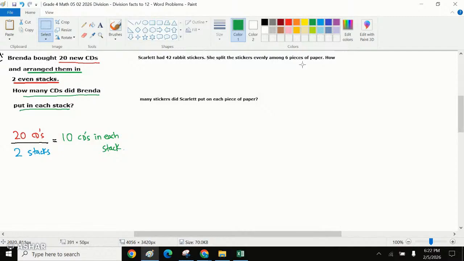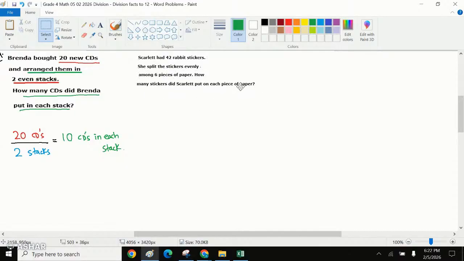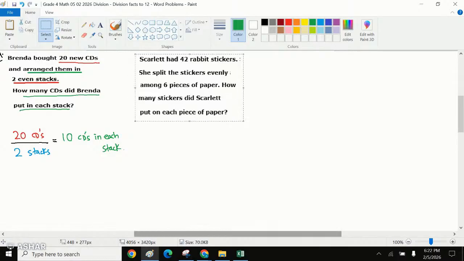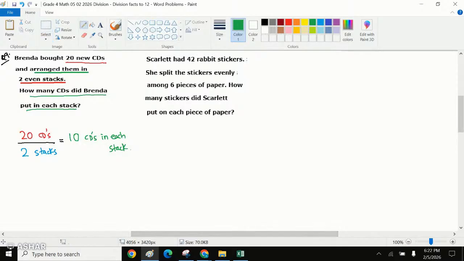She splits the stickers evenly amongst 6 pieces of paper. How many stickers did Scarlett put on each? Just a moment, I'll resize this so that it's readable for you. Okay, I hope it's readable now. This is our question number 10.